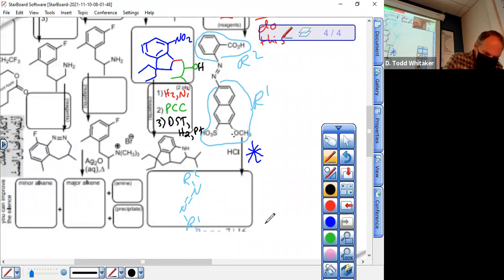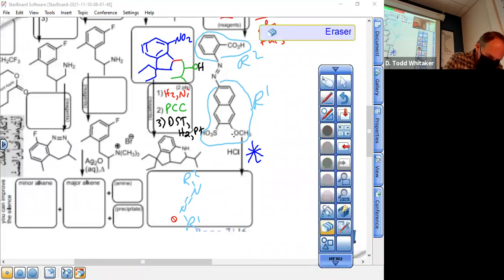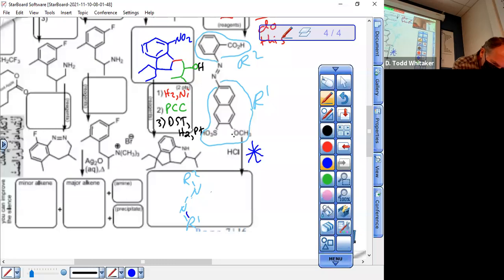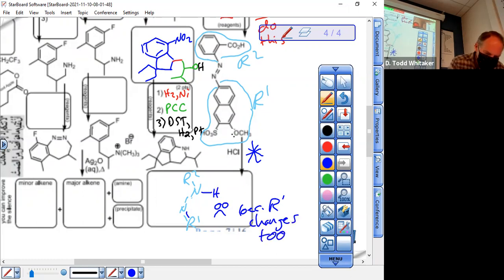So it's not a double bond there. In fact, this answer I'm about to give is not ideal, because with resonance, you double bond there, an H there, and it's just a wrong answer because R prime changes too. But I'm not going to belabor a reaction that's not on your test. I don't want to spend 5 more minutes fixing this.